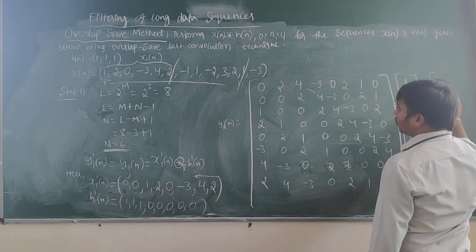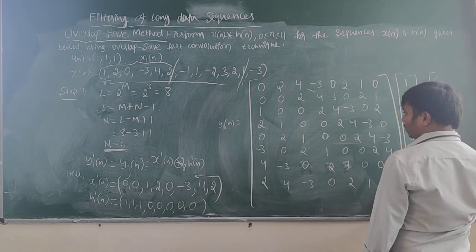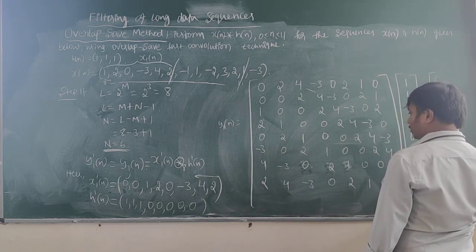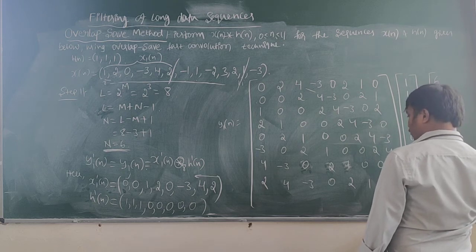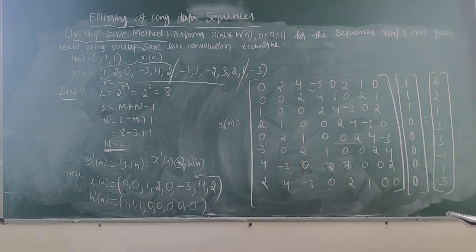Then 2, 1, 3, 3, minus 1, 1. 2 plus 4 is 6, 6 minus 3 is 3. So the answer is 6, 2, 1, 3, 3, minus 1, 1, 3. So I got y1 of n.